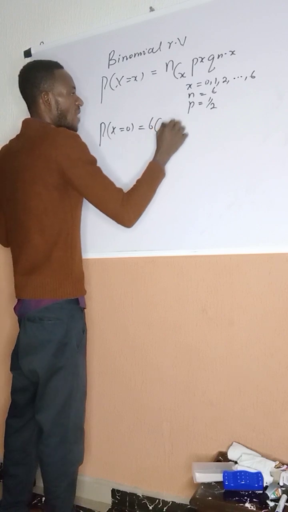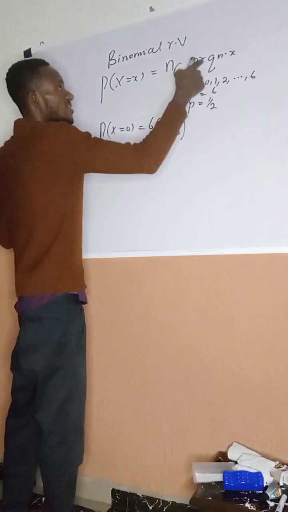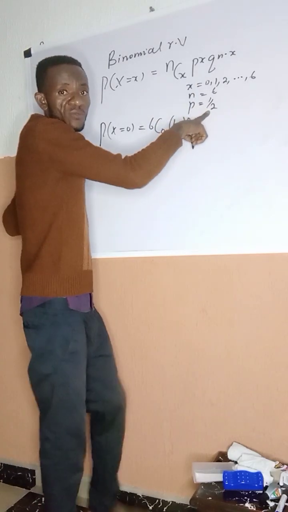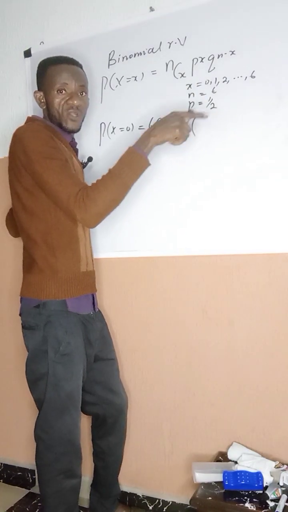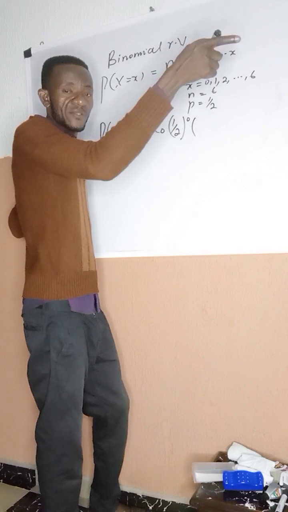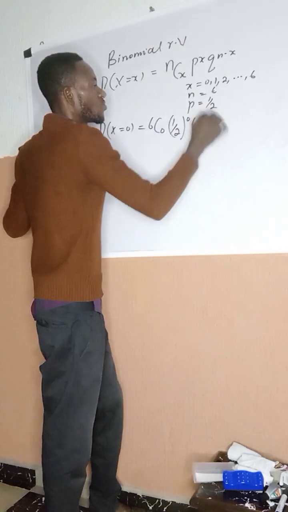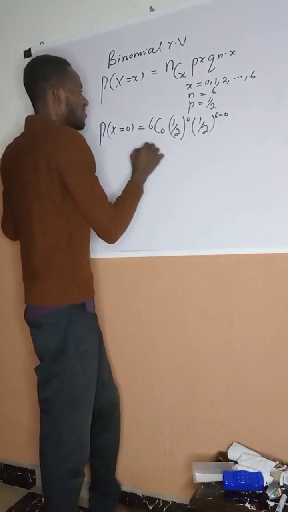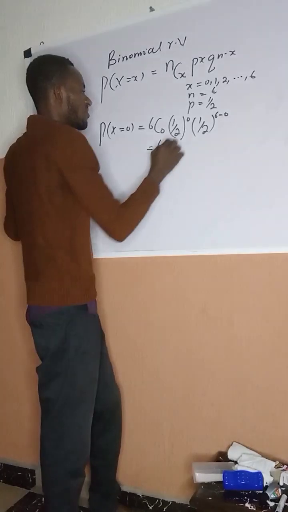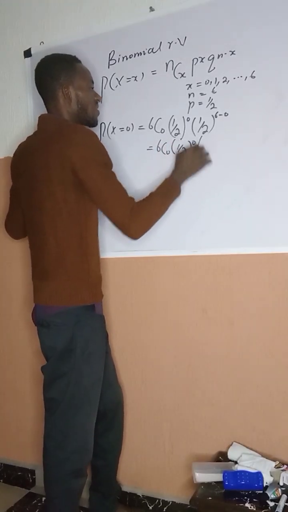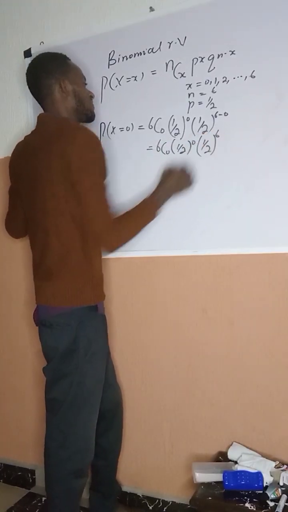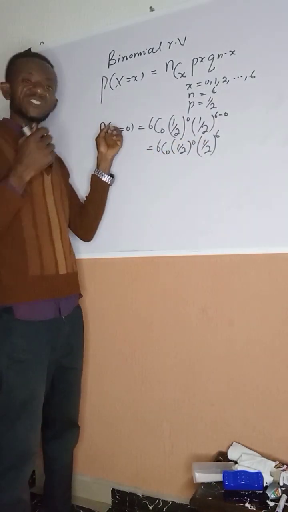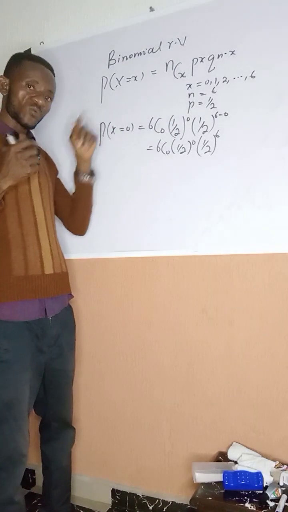So you now say (1/2) raised to power 0. Open again. If p is 1/2, my q is going to be 1/2 because p plus q is 1. So I have (1/2) all raised to power 6 minus 0. So this becomes 6 combination 0 times (1/2) to the power 0 times (1/2) to the power 6. And with your calculator, the moment you evaluate this, you must have gotten the probability that x is equal to 0.